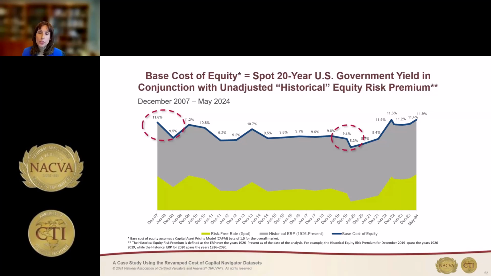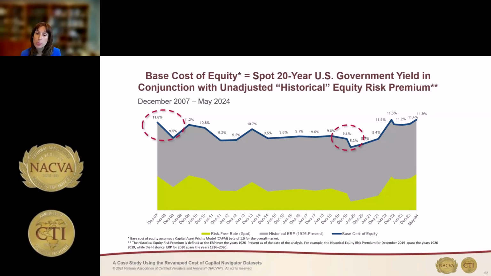And the same thing happened during COVID. The historical ERP actually went down because the returns dropped by so much in 2008, by almost 40%, that the S&P 500 dropped. That had an impact on the overall long-term average, even though it was only one year.